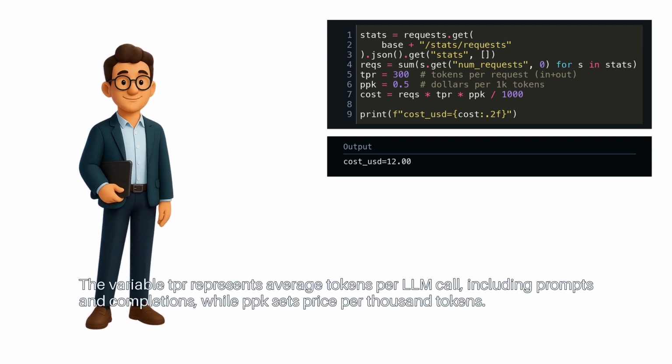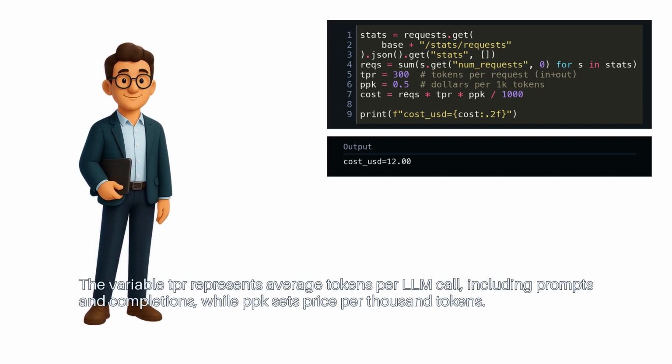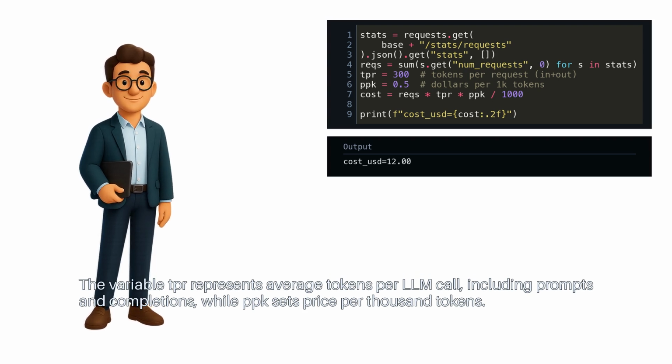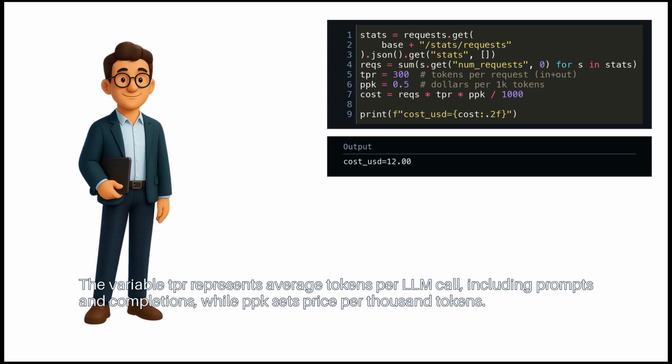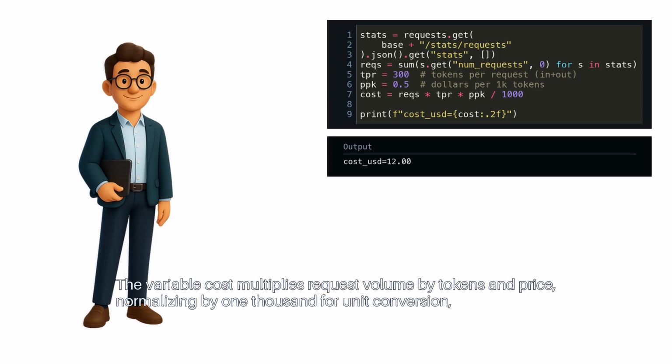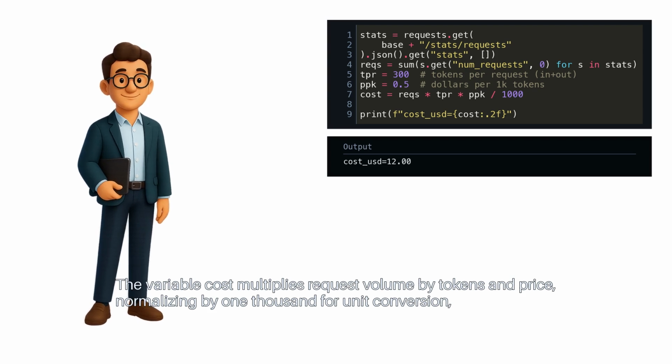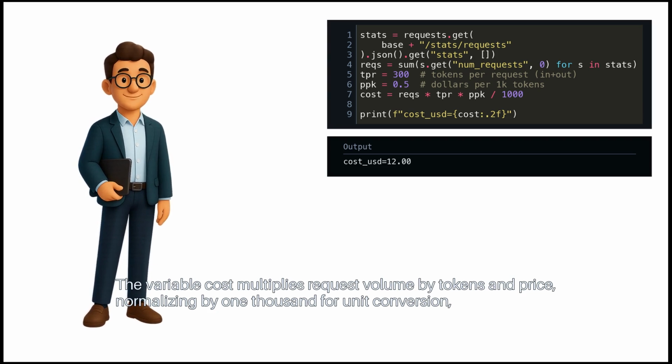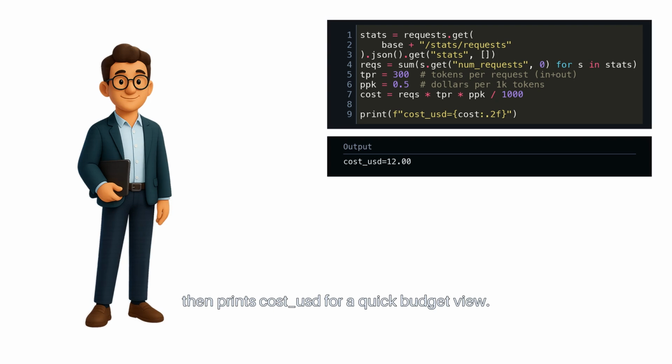The variable TPR represents average tokens per LLM call, including prompts and completions, while PPK sets price per 1,000 tokens. The variable cost multiplies request volume by tokens and price, normalizing by 1,000 for unit conversion. Then it prints cost USD for a quick budget view.